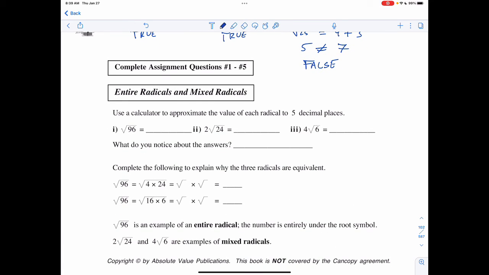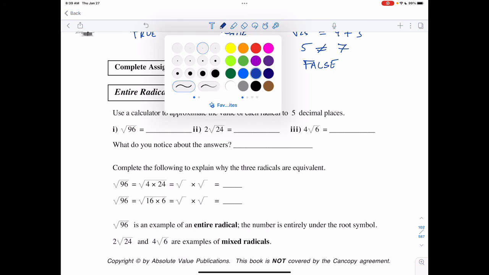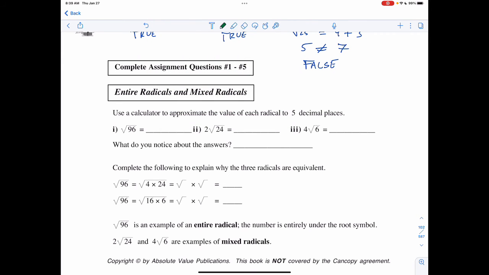You can plug all these possibilities into your calculator to see to 5 decimal places what they equal. And if you do it properly, you should find that the square root of 96, 2 root 24, and 4 root 6 are all equal to 9.79796.